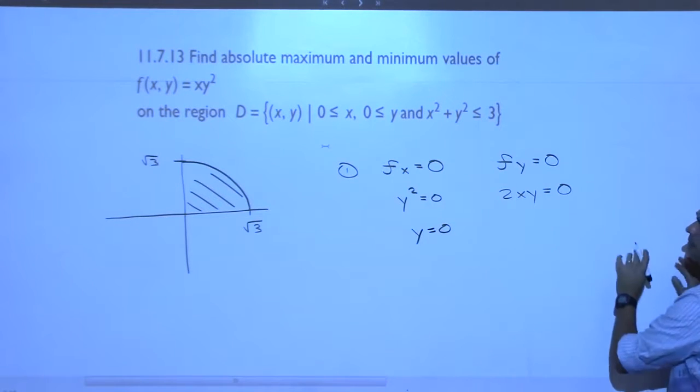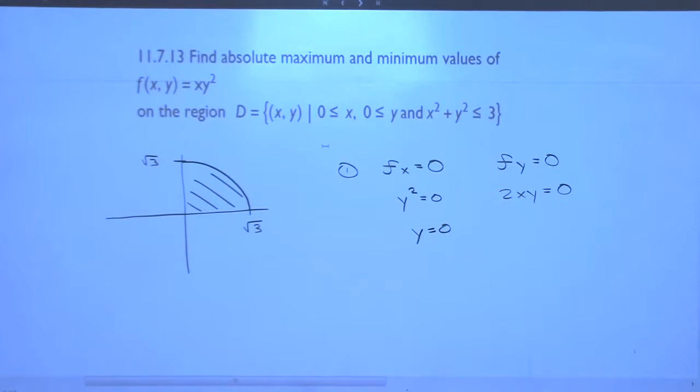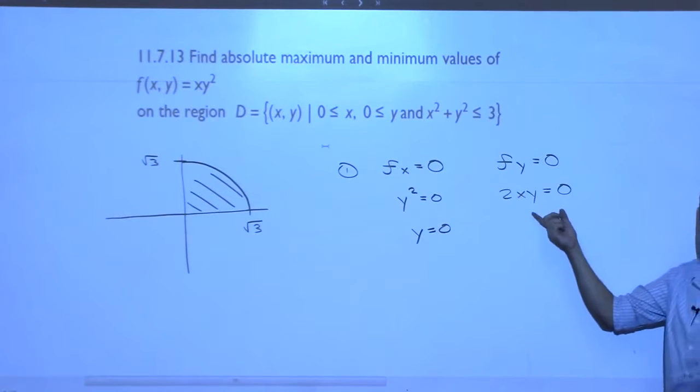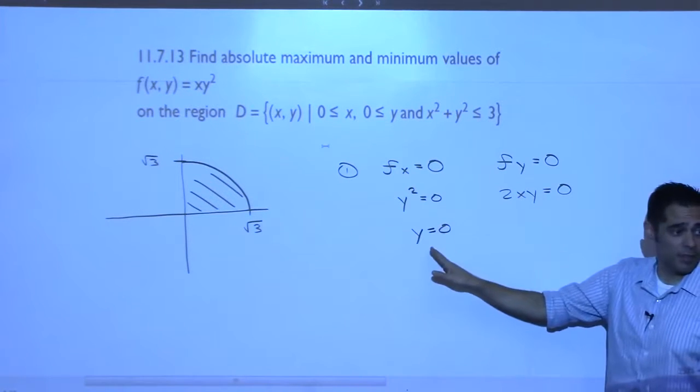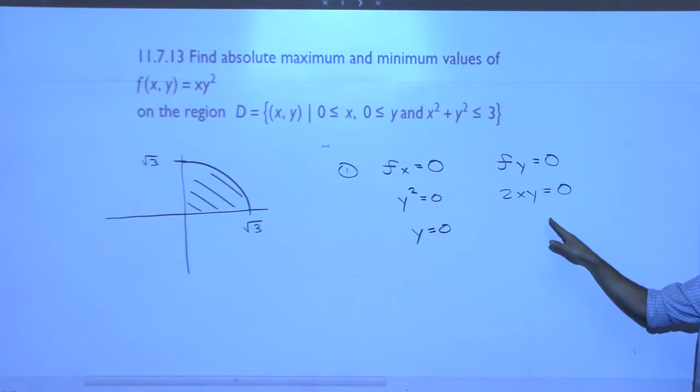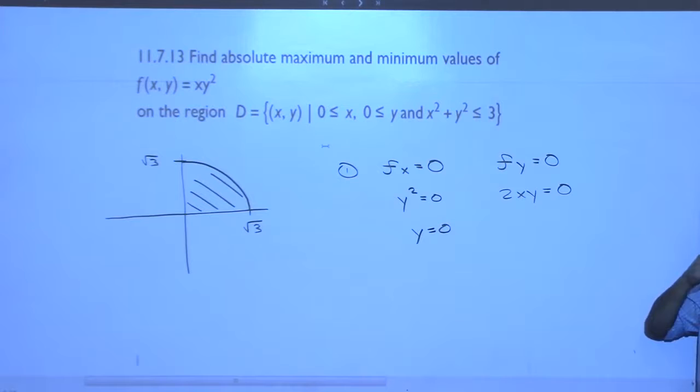And over here, what does this mean? How do I make this one true? This says y has to be 0, right? So over here, does x have to be 0 for this to be true?